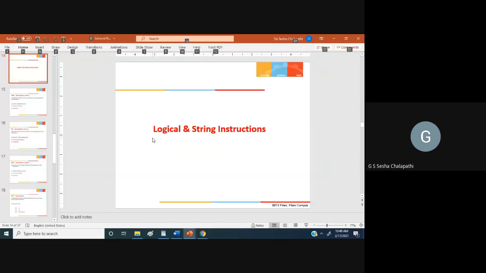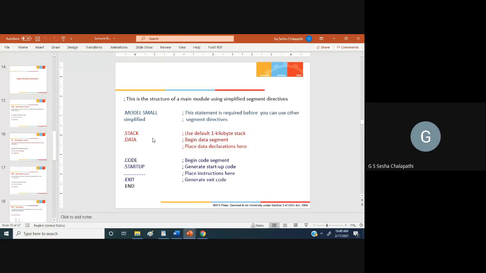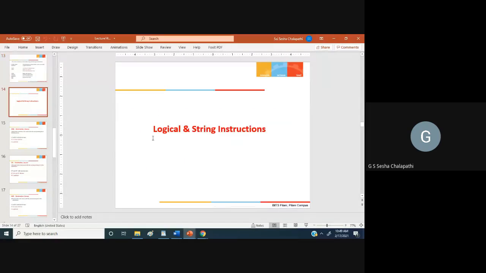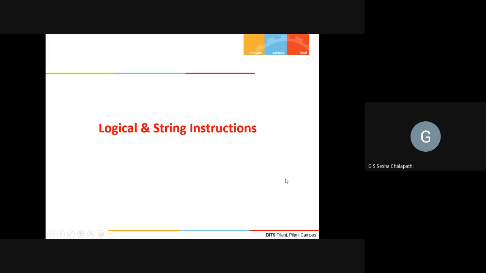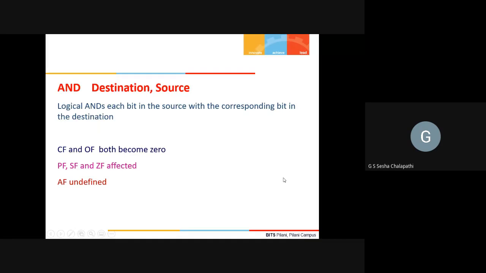Right, so let us continue with the other aspect, that is, we'll be going to the logical and string instructions. There's not much time. I'll just start off with one instruction, that is the AND instruction.